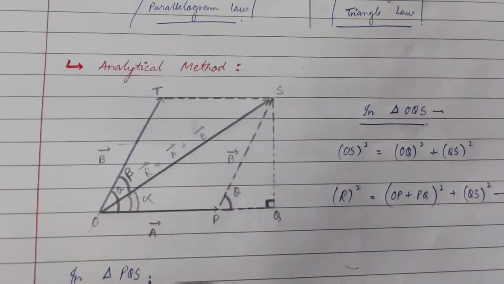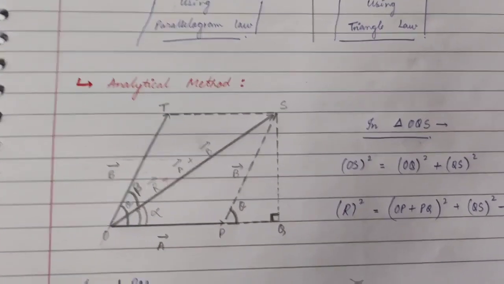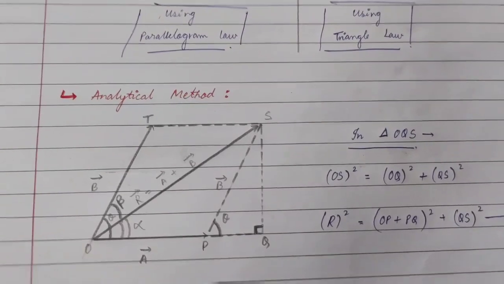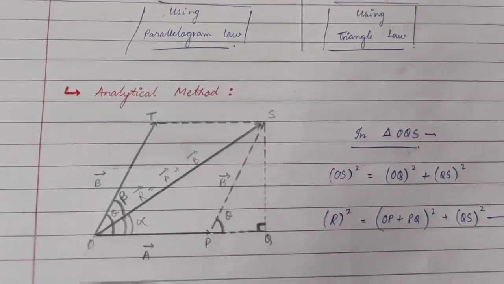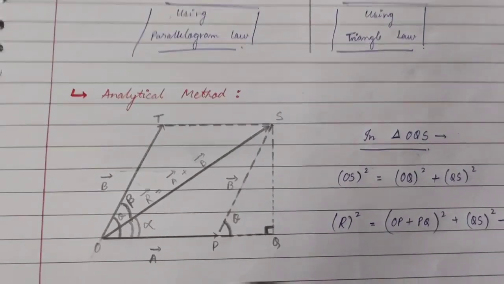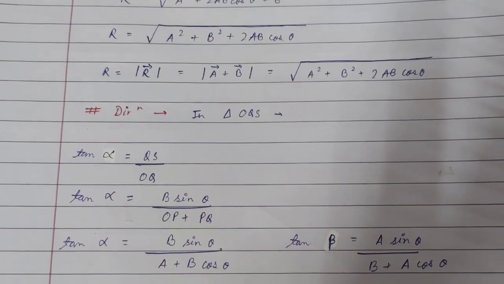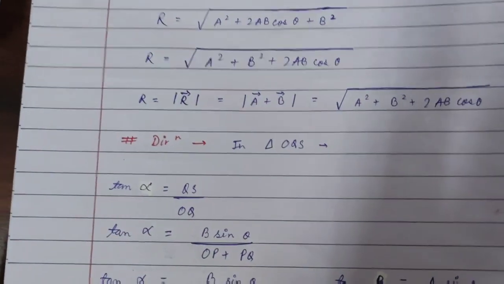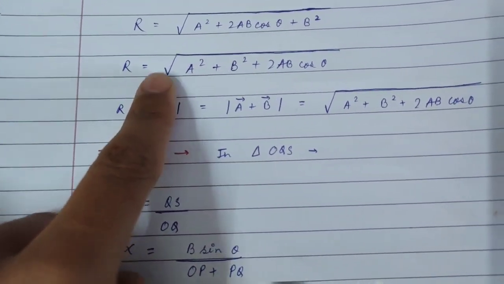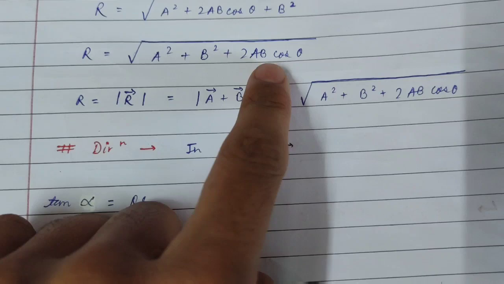Now basically we just have to remember the formula. There is no importance of the process in the analytical method right now, so I will just let you go with the formula only. From the given figure we get the formula: resultant vector R is equal to root over A square plus B square plus 2AB cos theta.